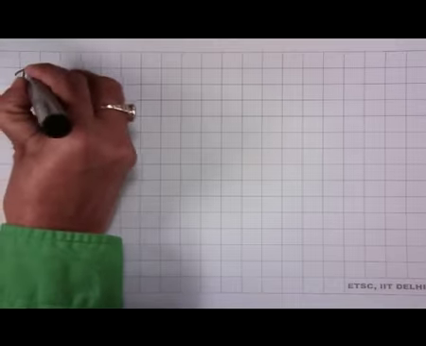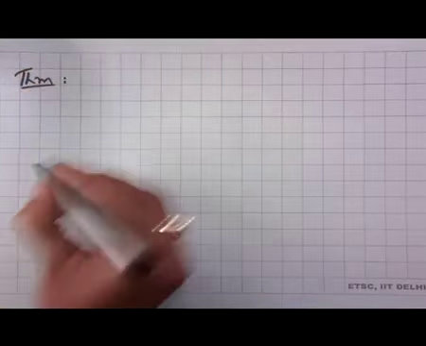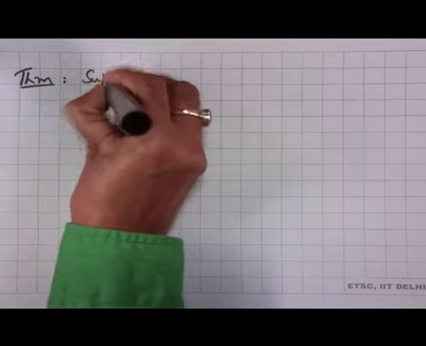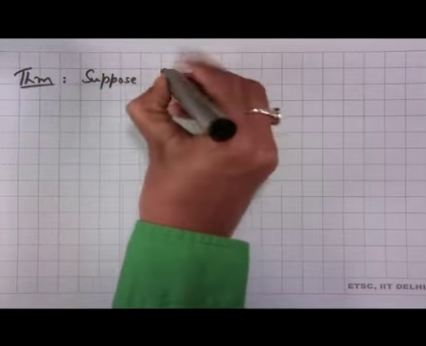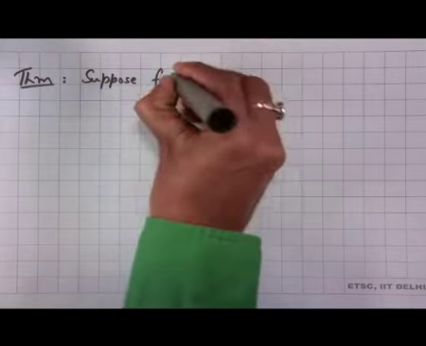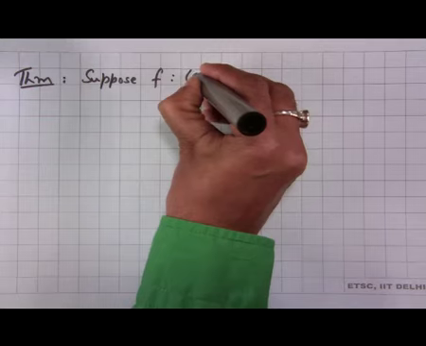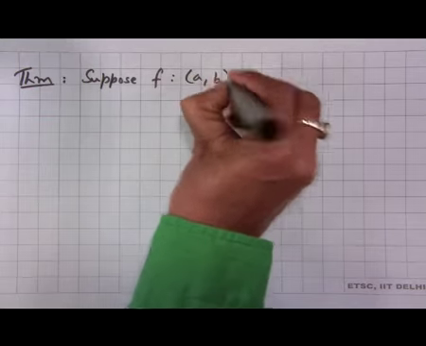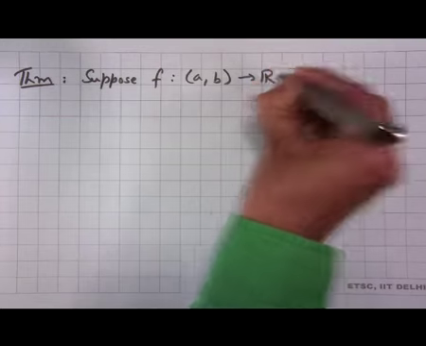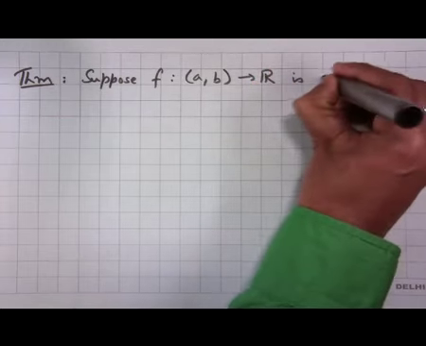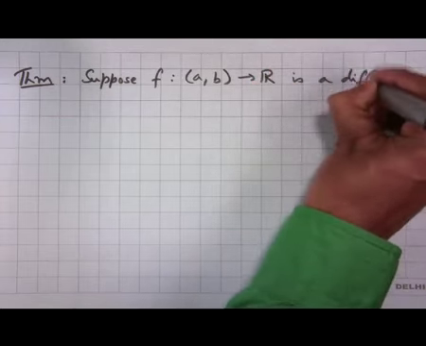Today we will see some more applications, like what happens if the derivative in an interval is strictly positive or strictly negative. So, let me write this as a theorem. The theorem is, suppose f from [a, b] to R is a differentiable function.